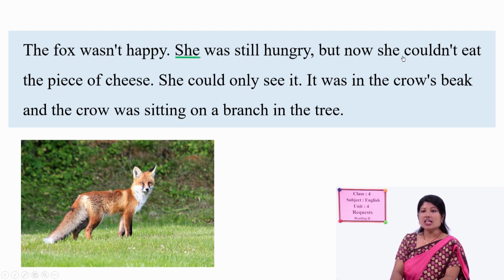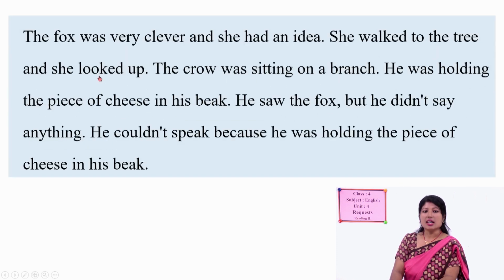She couldn't eat. She could see it only. All she refers to the fox, right? And then here she walked to the tree. She looked up, and then he was holding the piece of cheese. This is crow, right?